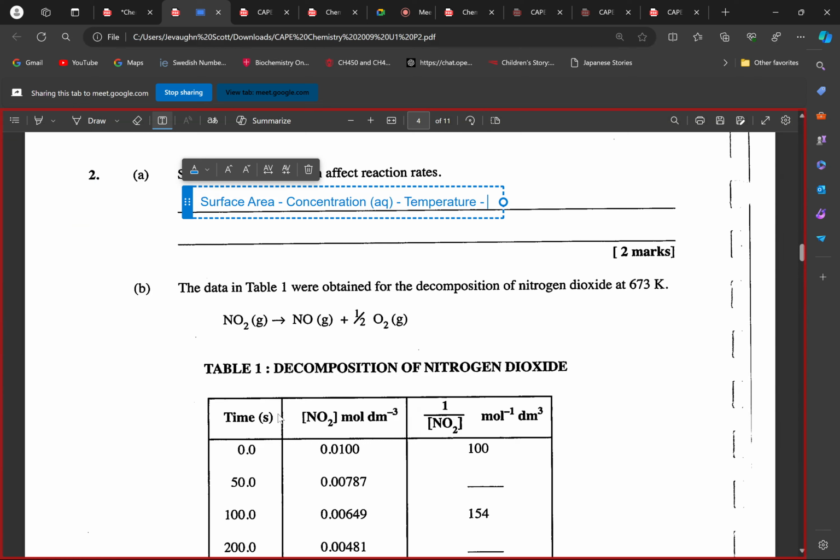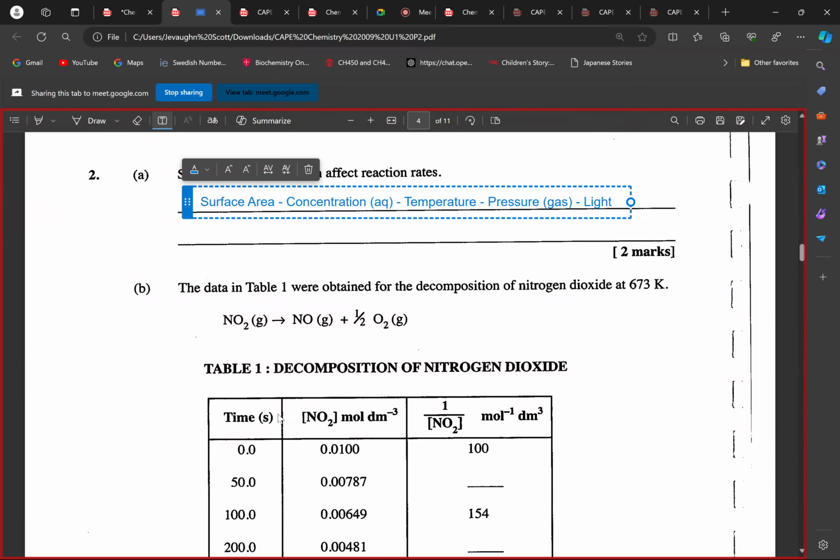What else? If you could use pressure in gaseous mixtures, what else could we use? We could use light in decompositions. Anything else? Yes, light can affect the rate of reaction.